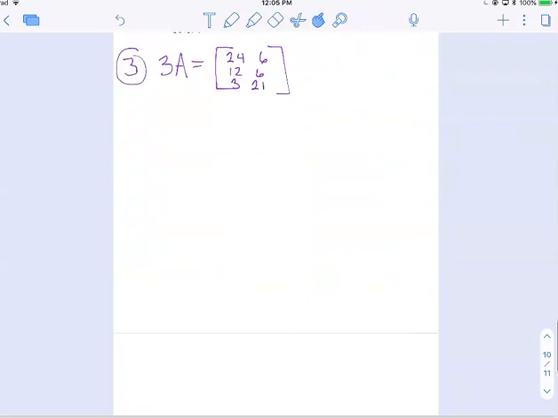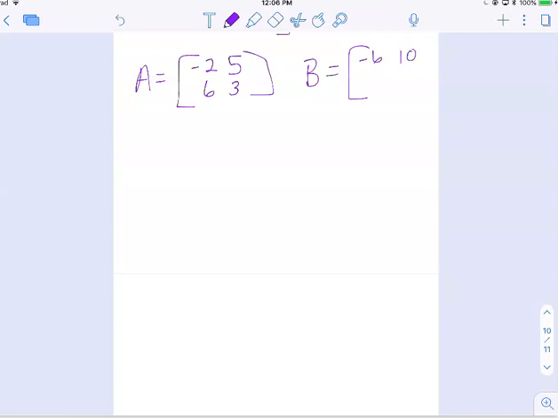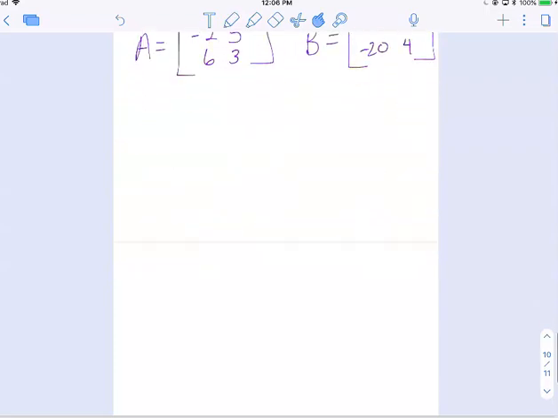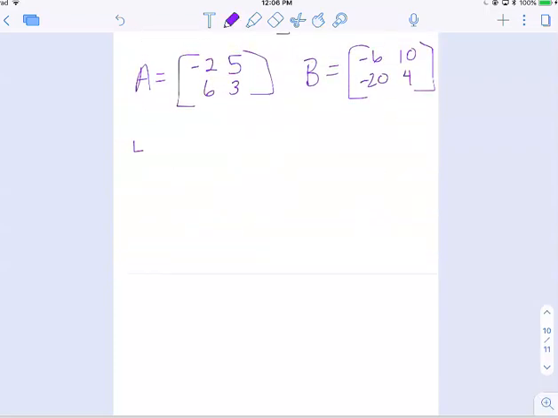So the very last thing we're going to look at, I'm going to give us a couple more matrices. So let's say A is -2, 5, 6, and 3. B is -6, 10, -20, and 4. And so for the last problem, let's say I said, what is 3A minus half B?